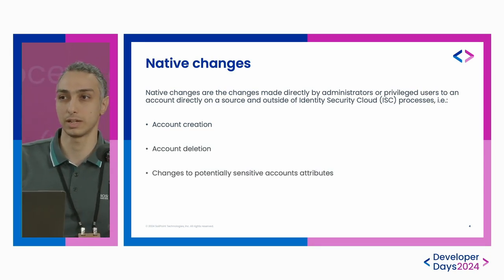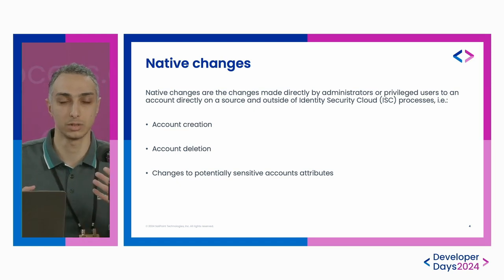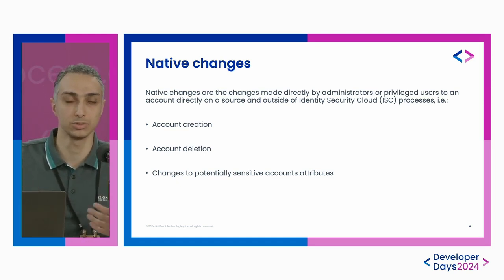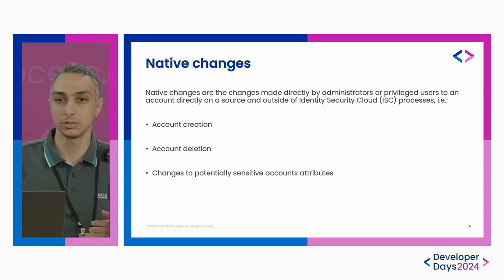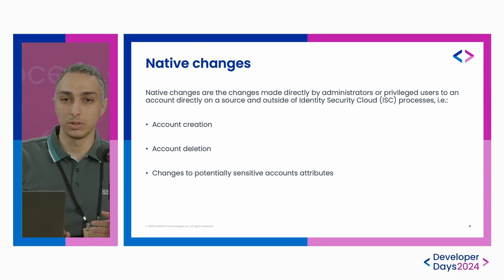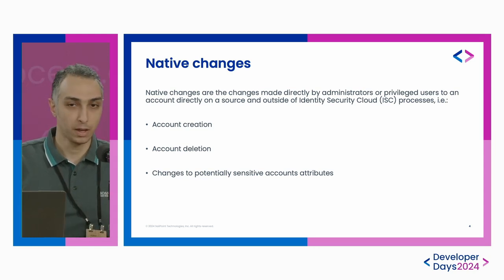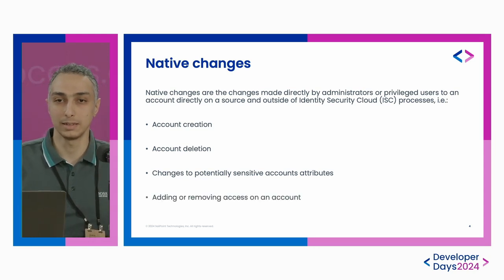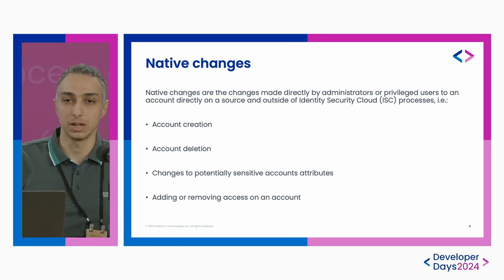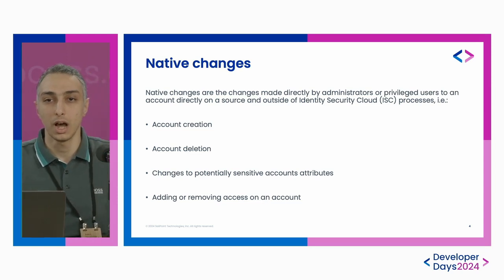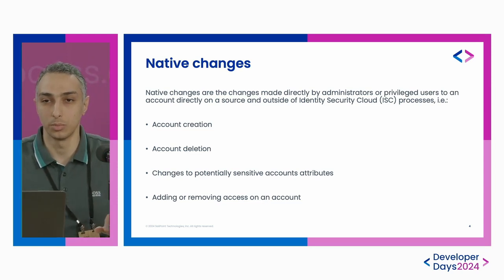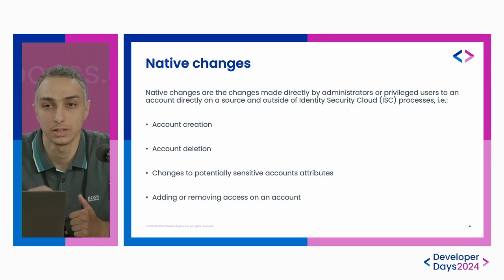Like if you have an account type and you have a normal account and someone has changed this account from a normal account to a privileged account, this probably will cause some problems in your environment and could pose some risk. And last but not least, adding and removing entitlements out of the scope of the Identity Security Cloud processes that you have defined.